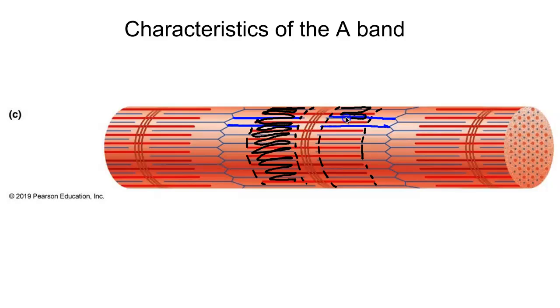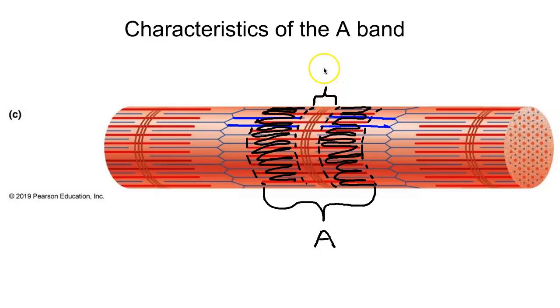Where we have overlap of thin filaments and thick filaments, that's going to appear the darkest. Where the thick filaments are located is still all called the A band, just like we said. All I'm trying to point out is that sometimes you can notice this region right in the middle of the A band where it's a little lighter. That's because there is no overlap of thin filaments and thick filaments. It's just thick filaments, and so it appears slightly lighter.